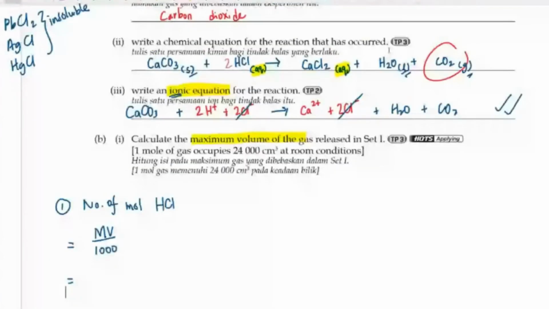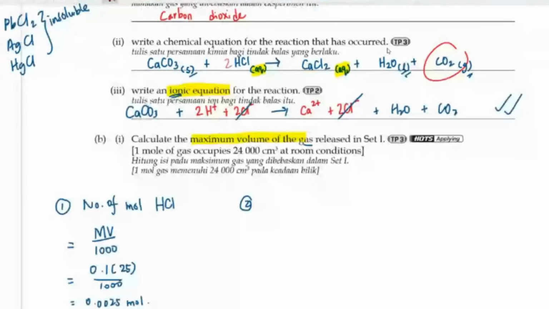It is 0.1, and B is 25 over 1000, so you get 0.0025 mole. Everybody get it? Now step 2, you do the mole ratio. The question asks you for the gas, so you have to compare the acid with the gas.